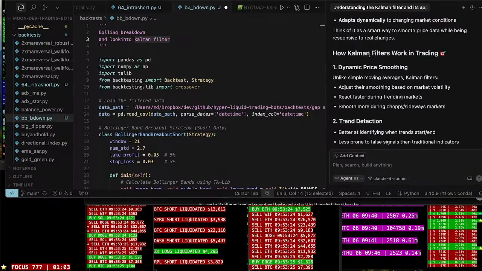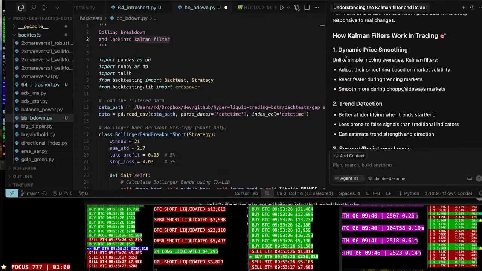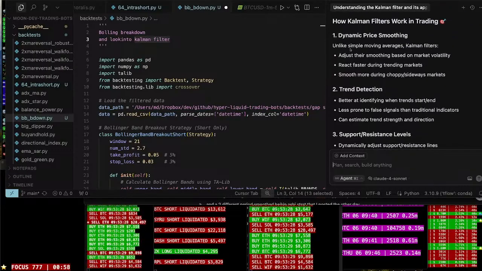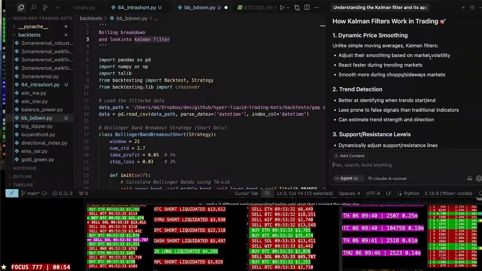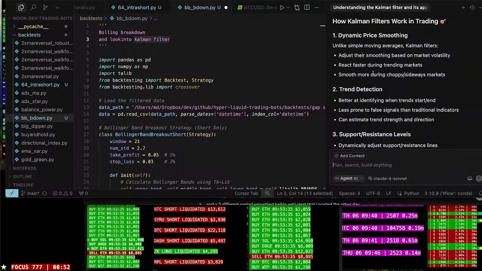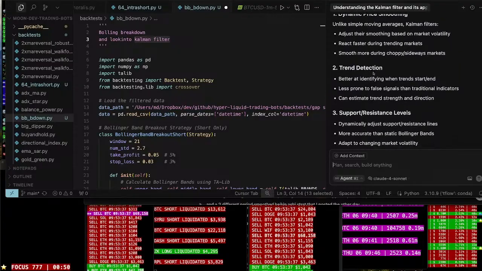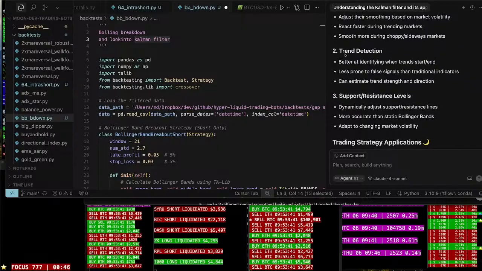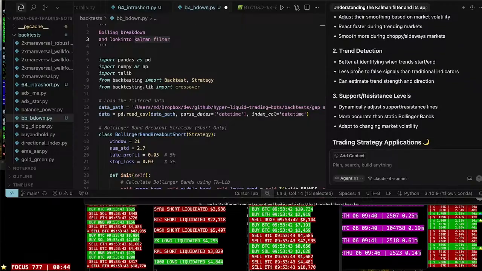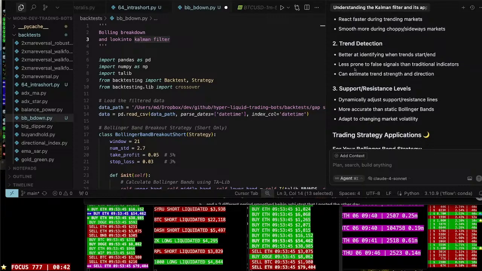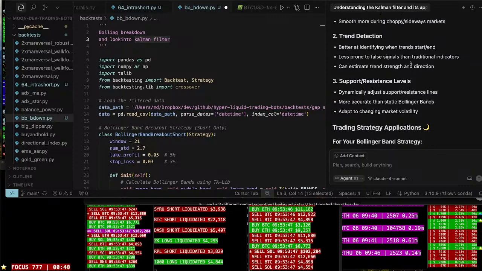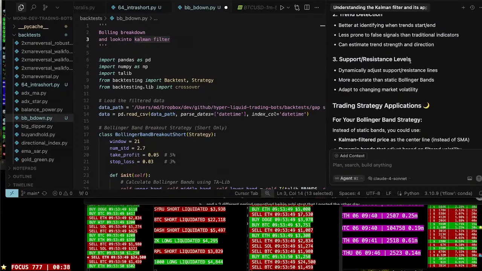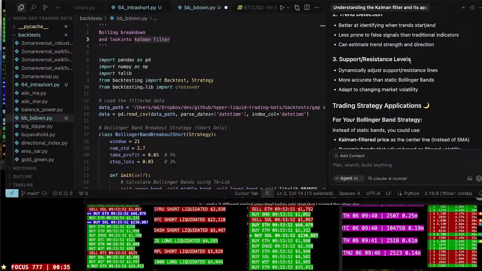How Kalman filter works in trading. Dynamic price smoothing. Unlike simple moving averages, Kalman filters adjust their smoothing based on market volatility, reacts faster during trending markets, smooth more during choppy sideways markets, trend detection, better at identifying when trends start, and less prone to false signals than traditional indicators, can estimate trend strength and direction.